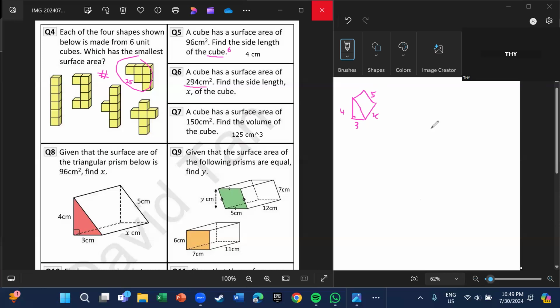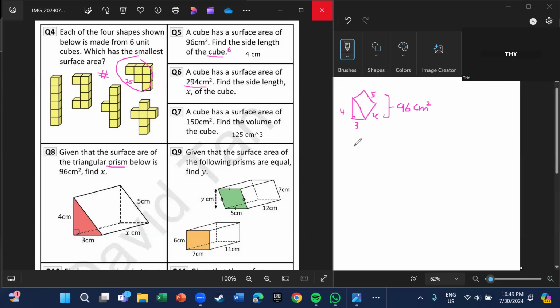Now we all know that this whole thing has a surface area of 96 centimeters squared. Correct. So really easy. This is the formula to find the surface area of a prism. Really simple.